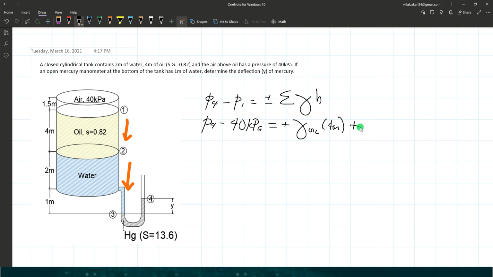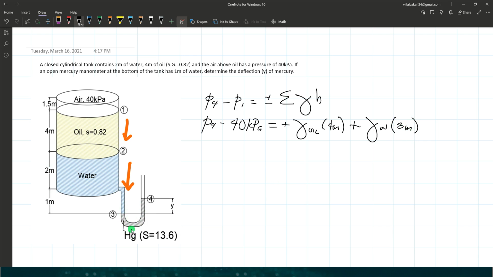So from point 2 to point 3, that's positive unit weight of water times the total height of the fluid. Starting from the interface between the oil and water at point 2, and we end at point 3. So the total height is 3 meters.